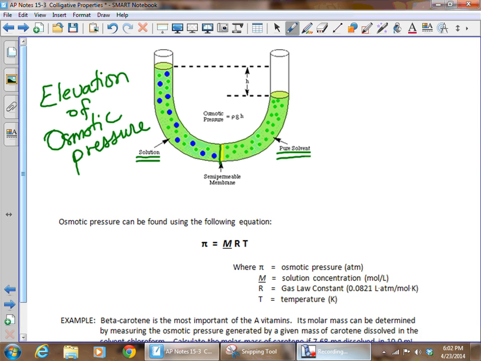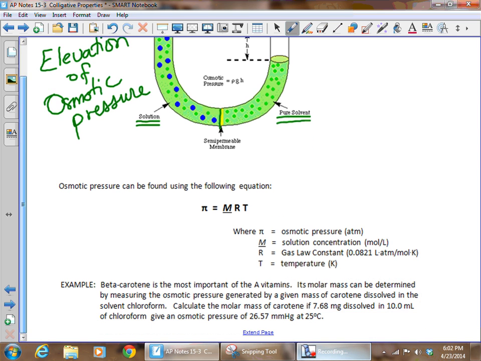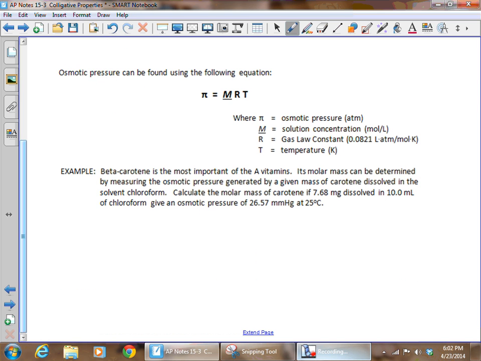And we can measure the force that does that with the osmotic pressure, which would be a better term rather than force. But pi, which is osmotic pressure, is equal to the solution concentration. This time we're actually going to use it in moles per liter, times R, the gas law constant, 0.0821 liter atmospheres per mole Kelvin, times the temperature in kelvins.